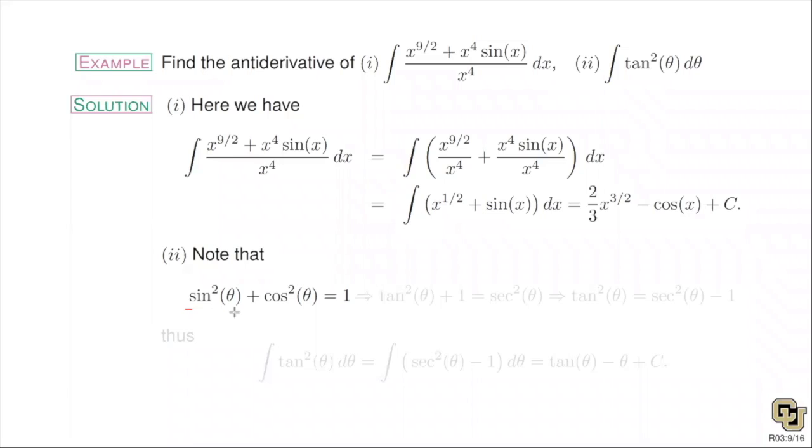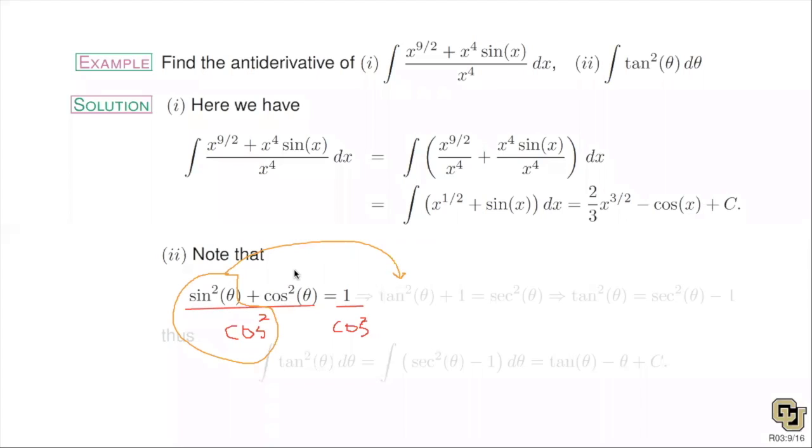Remember, tangent is sine over cosine. So if I divide both sides by cosine squared, then the sine squared over cosine squared term becomes tangent squared.